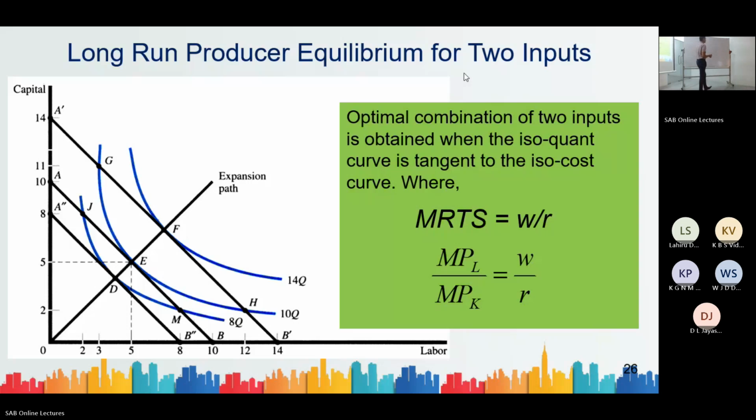So at equilibrium, marginal rate of technical substitution, which is the slope of isoquant, is equal to the slope of isocost curve, which is called input price ratio, W over R. So marginal rate of technical substitution is MPL over MPK. Input price ratio is W over R. So at equilibrium, MPL over MPK is equal to W over R.